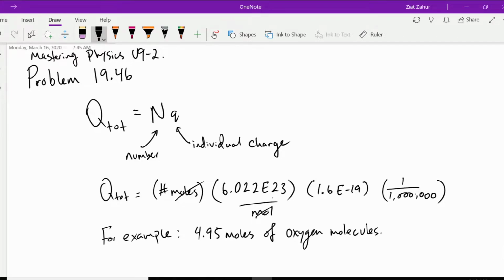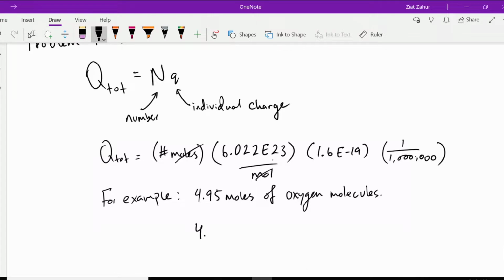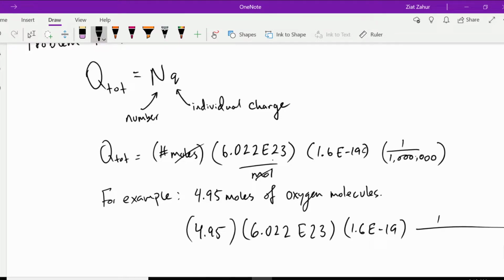So in that case I would do 4.95 moles times the number 6.022 times 10 to the 23rd times the charge, and of course this was in coulombs, so I forgot the big C. So the overall unit for capital Q would be C. 1.6 times 10 to the negative 19, and then divide by 1 in 1 million. So 1 million.